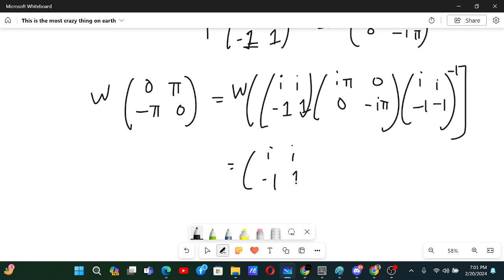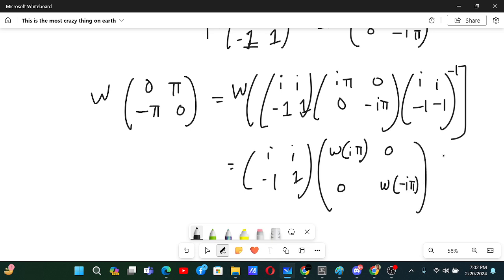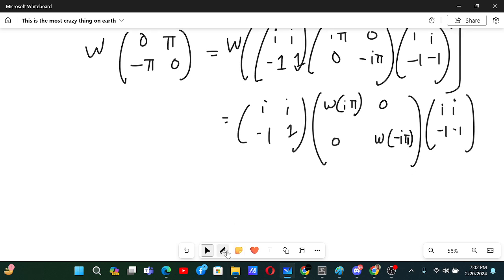So i, minus 1, 1, and then Lambert W of i pi, 0, 0, Lambert W of minus i pi, and then we have P inverse.